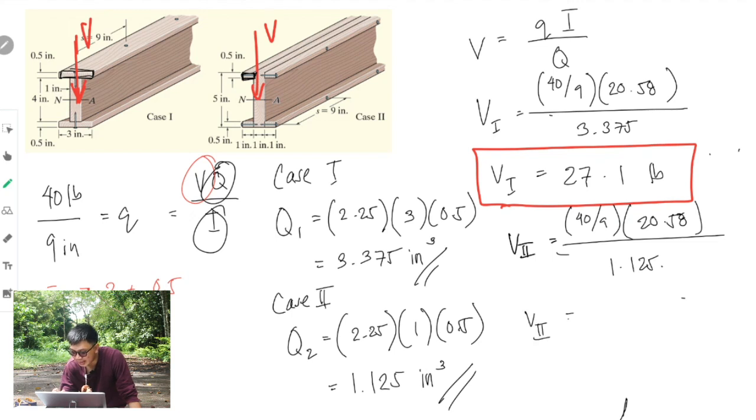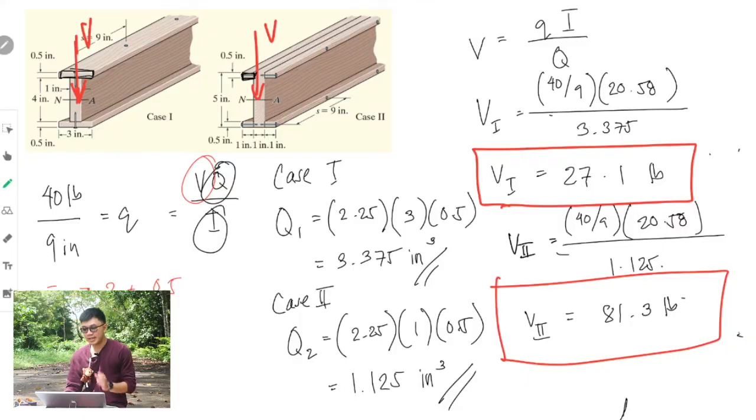And your V2 right here is equal to 81.3. So therefore, you can conclude that the second case can support larger load compared sa atong first case. And it can support 81.3 pounds compared sa 27.1 pounds.